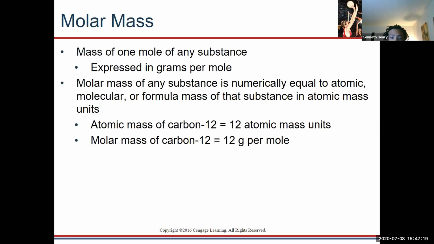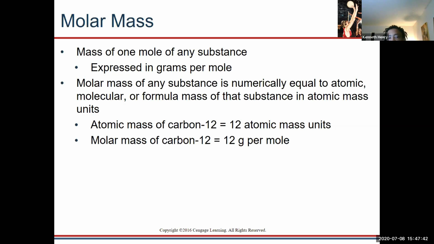So when you calculated the formula mass, what did you guys do? We used how many carbons we have or how many tungstens we have, and then we multiply that by its mass, right? Yep. So how is that going to be any different than when you calculate the molar mass? It's going to be exactly the same thing.